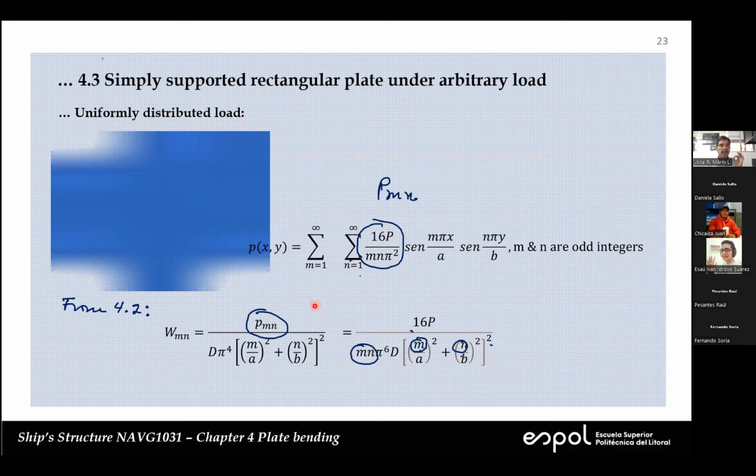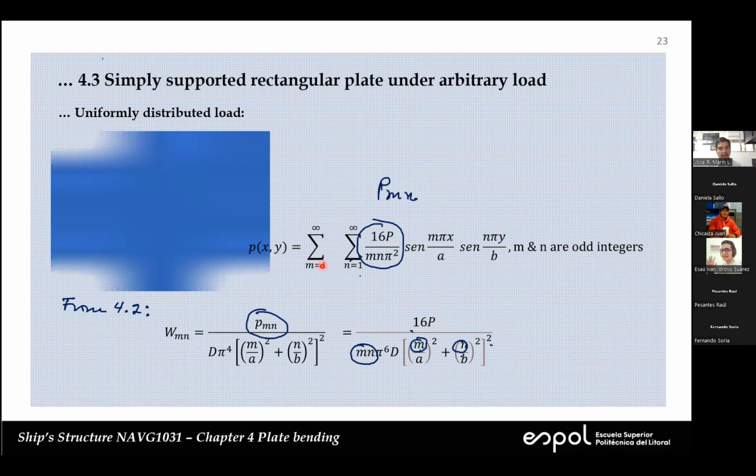Something very important is that these expansions are from 1 to infinity, and nobody has the time to integrate until infinity, right? So one thing we ask ourselves is, how far should I go? That depends on the type of loading. For the load, I have m and n in the denominator.